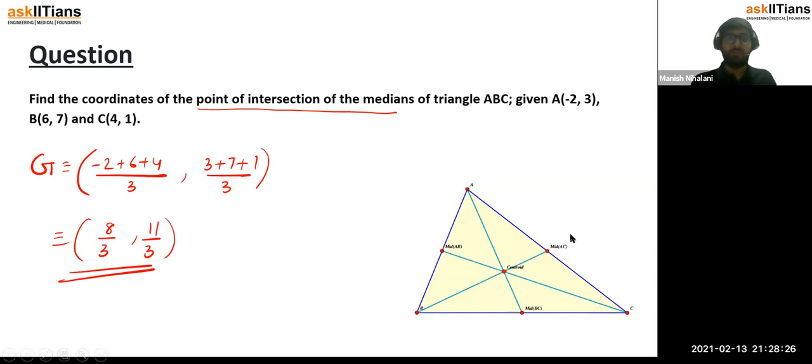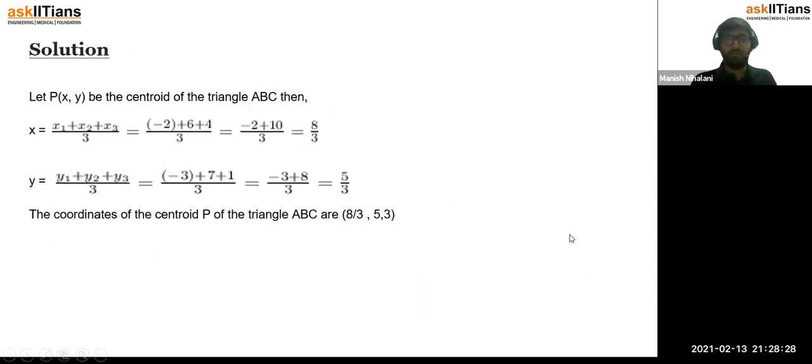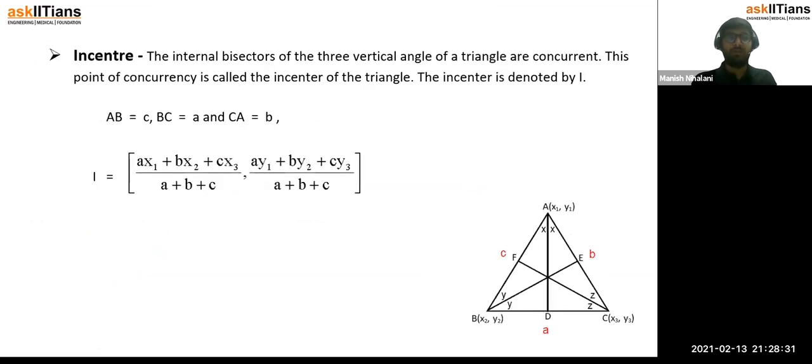It's very simple. So this is a very important point of the triangle. Let's quickly move to the next point, which is the incenter. Now what is the incenter of a triangle? The internal bisectors, that is, the angle bisectors, of the three angles of the triangle are concurrent, which means they meet at the same point.